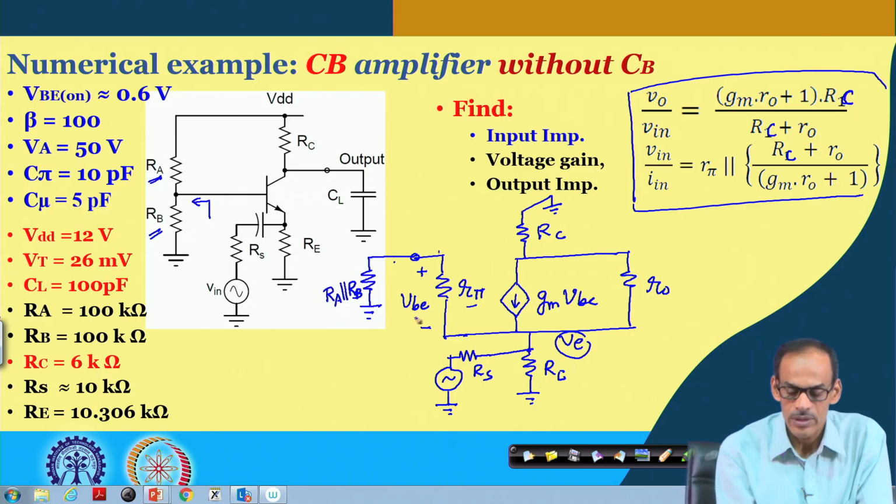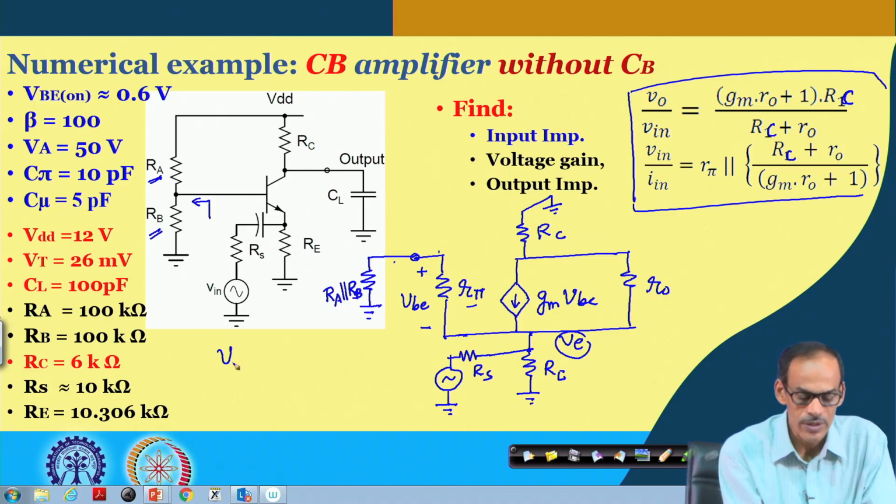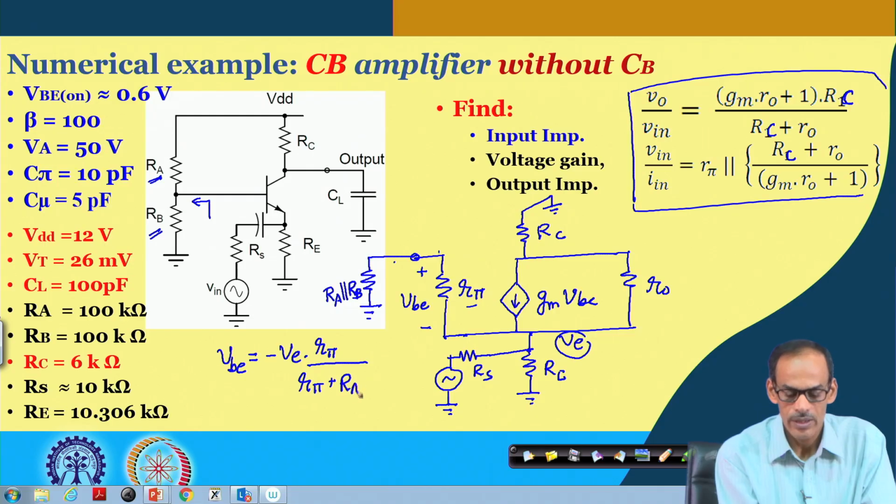On the other hand, VBE is now a function of the emitter voltage, namely VBE equals minus VE multiplied by R pi divided by R pi plus RA in parallel with RB.